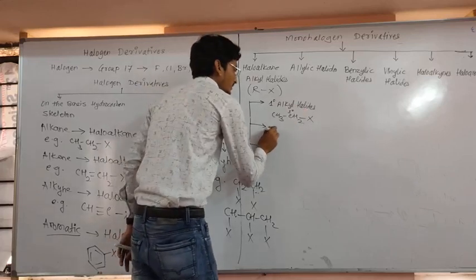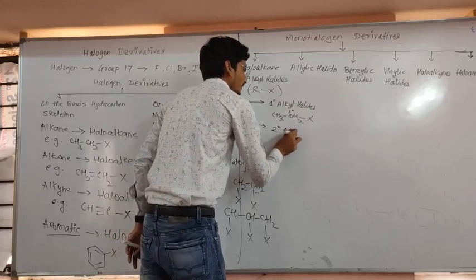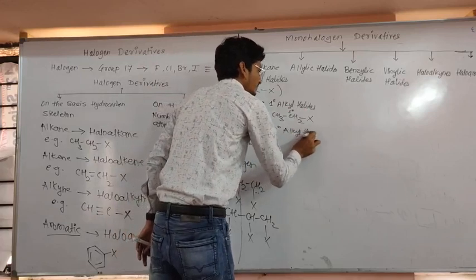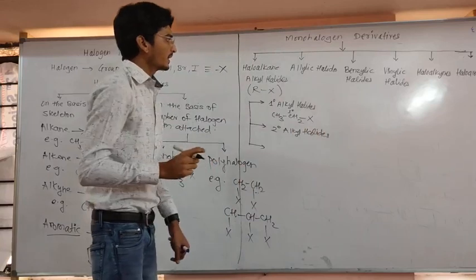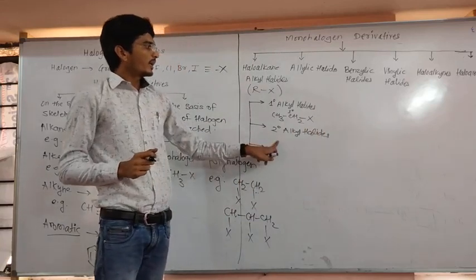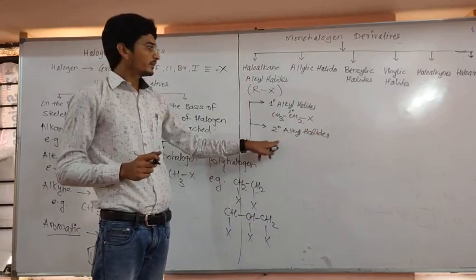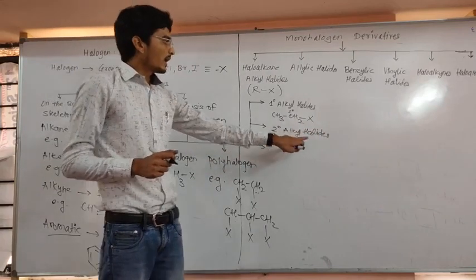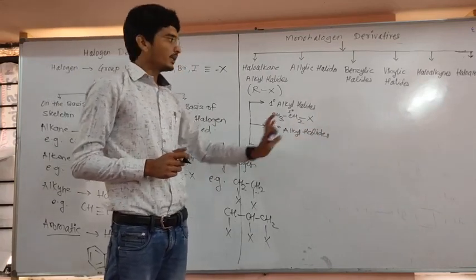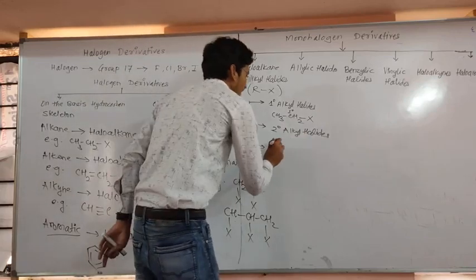Okay, second one, secondary alkyl halides. So what is meant by secondary alkyl halides? When the halogen atom is attached with a secondary carbon of the alkyl group, then it is called secondary alkyl halides.